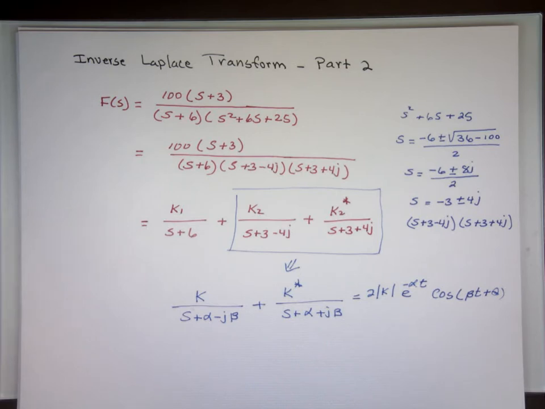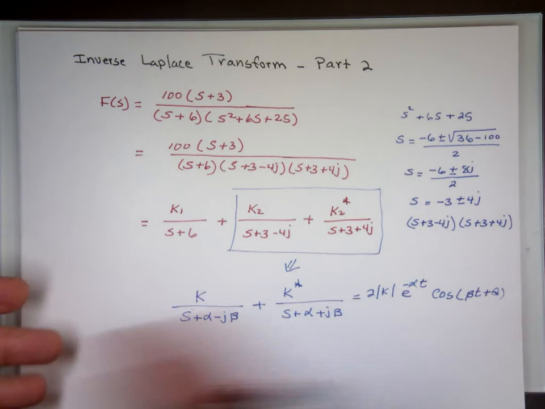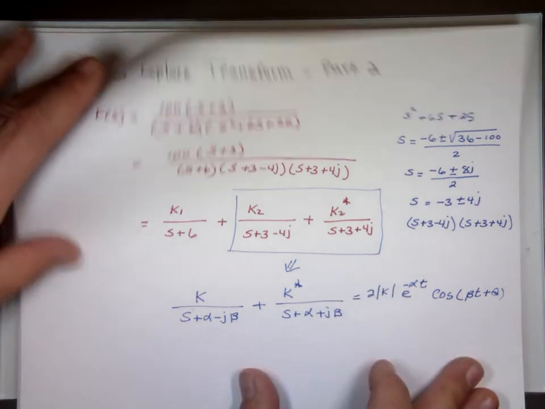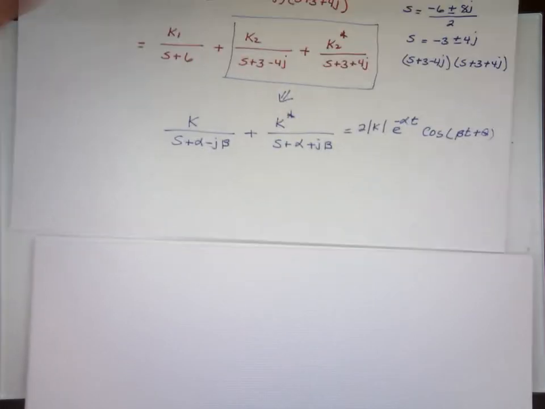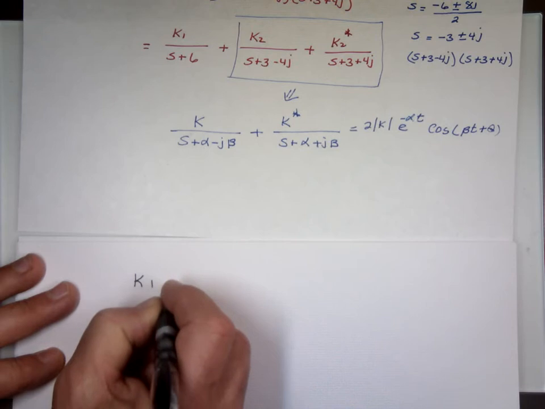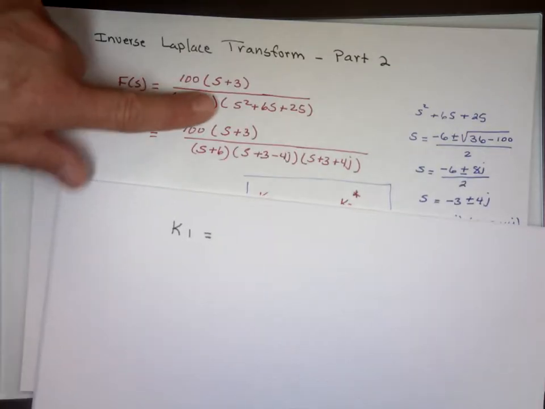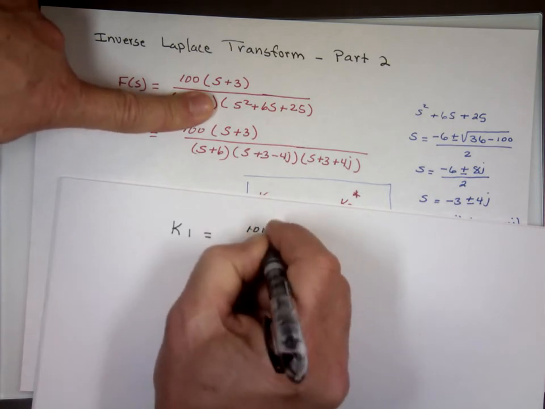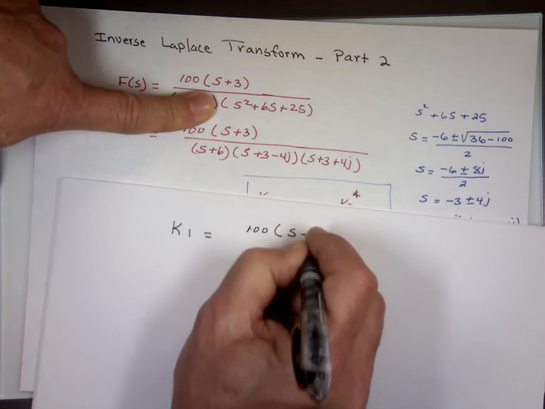So let me find what K1 and K2 are. Once I find them, I have the answer. So how do we find what K1 is? K1 is sitting on top of S plus 6. So I'm going to take my expression here and remove S plus 6 out of it, because you're multiplying by S plus 6, so that's why it disappears.